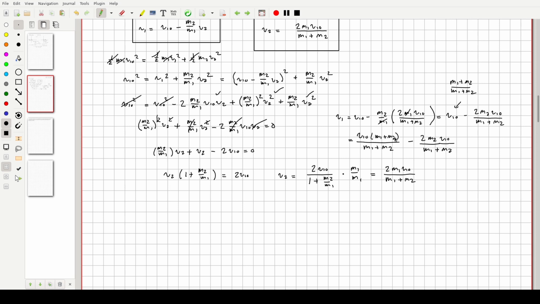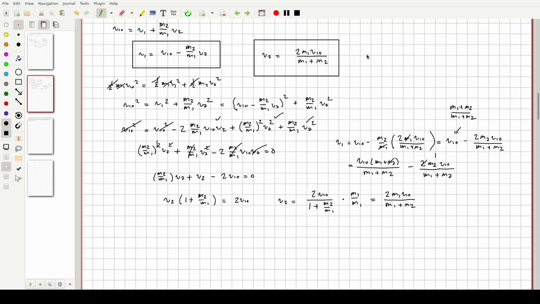You'll have a plus M2 V1 naught and a minus 2 M2 V1 naught, and this is going to combine to make a negative 1. So your V1 is going to look like (M1 minus M2) V1 naught divided by M1 plus M2. And there you go. You have two equations that give you the final velocities of these things, presuming you know all this initial stuff.